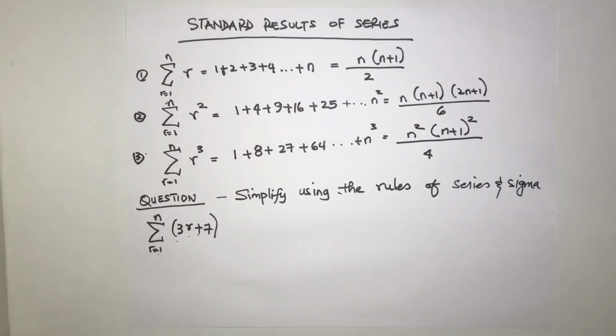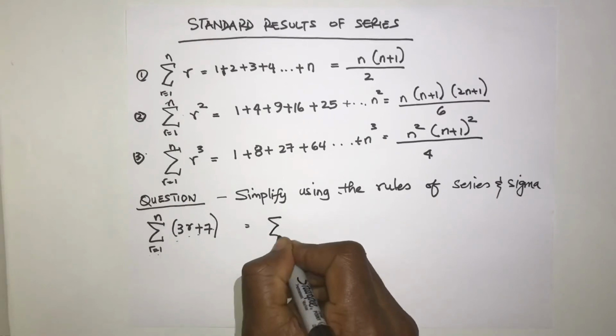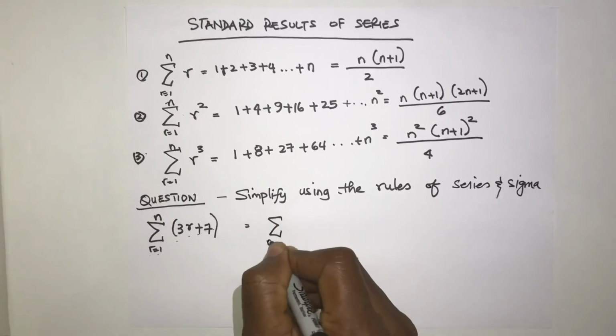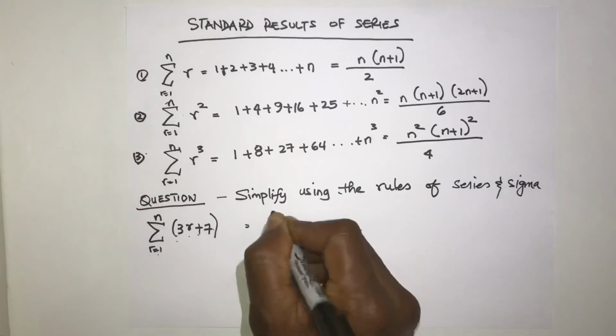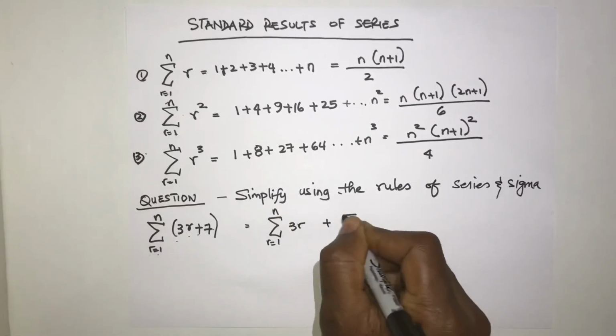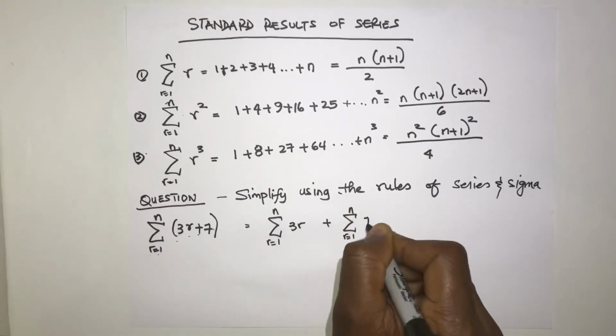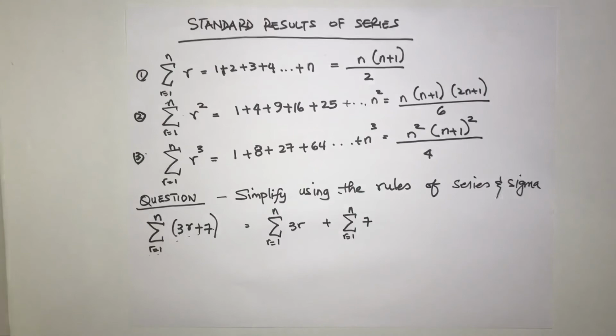You can look back at that, and we can split this into two sums: the sum from r equals 1 to n of 3r plus the sum from r equals 1 to n of 7.